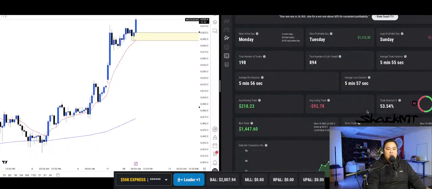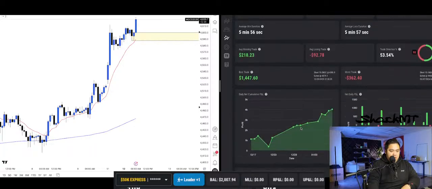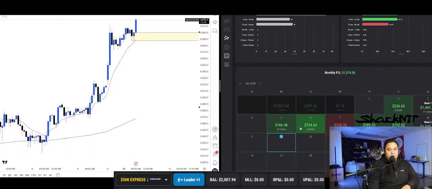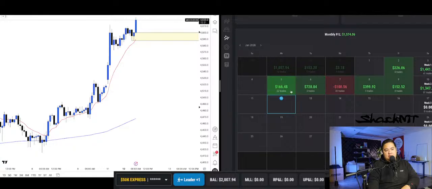All right, so we scroll down. Average winning trades $218. Average losing trades $92. Probably need to bump up the winning trade a bit more and let my winners win. That was my biggest takeaway from last week. And this is the daily P&L.